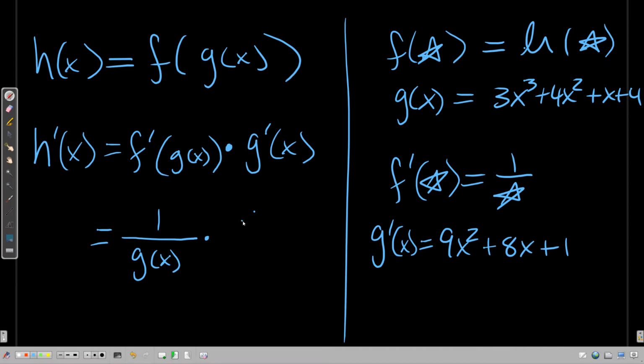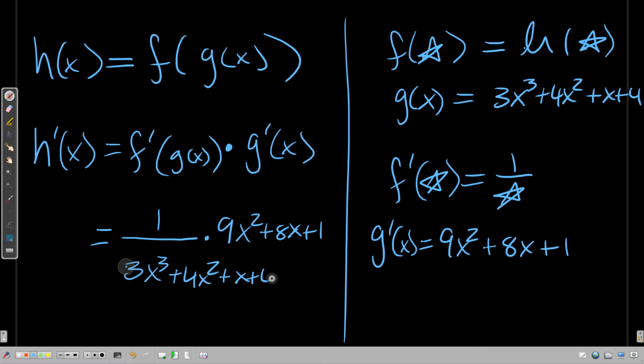But g prime is exactly 9x squared plus 8x plus 1, and g of x was the polynomial we started with, 3x cubed plus 4x squared plus x plus 4, and it's this polynomial times 1, so it's really just the fraction with g prime as its numerator and g as its denominator.